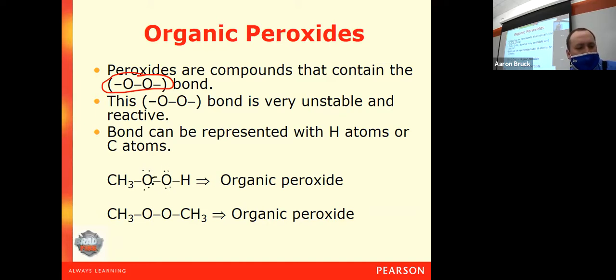It is a stability issue because that oxygen to oxygen single bond is relatively weak. And since that bond is weak, it makes the compound unstable and the substance that contains that linkage very reactive.